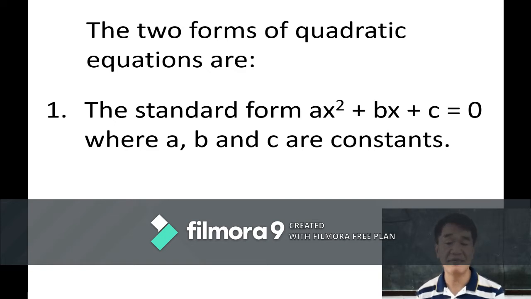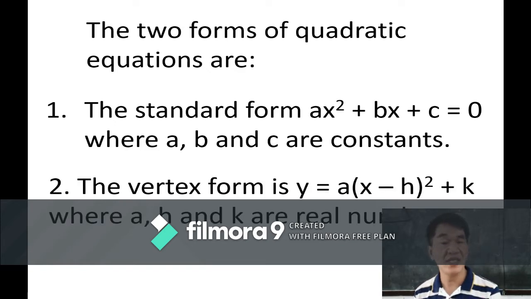The second one is the vertex form, which is y equals a times the quantity of x negative h squared plus k, where a, h, and k are real numbers. Note that in our discussion for today, we will focus only on the standard form. The vertex form will be discussed in the next days.